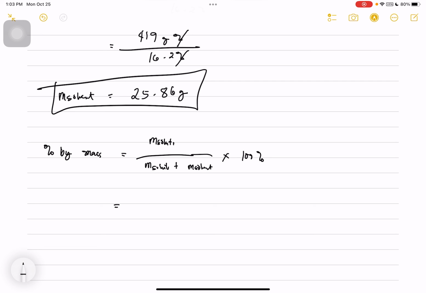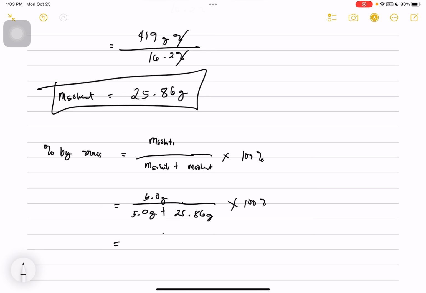So the mass of the solute again is 5.0 grams divided by 5.0 grams plus 25.86 grams times 100%.